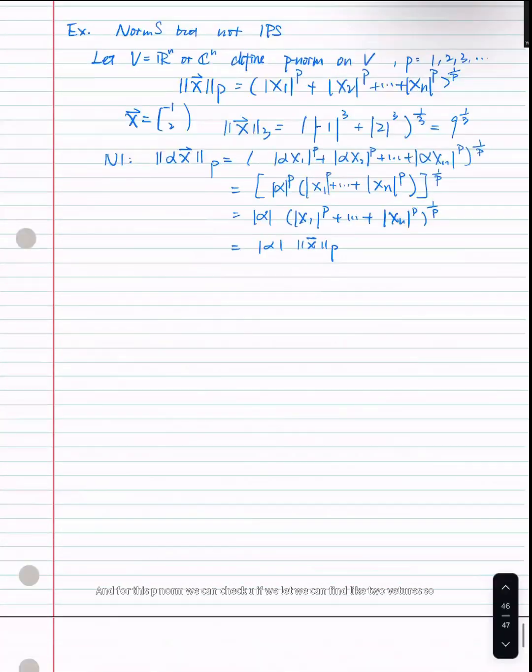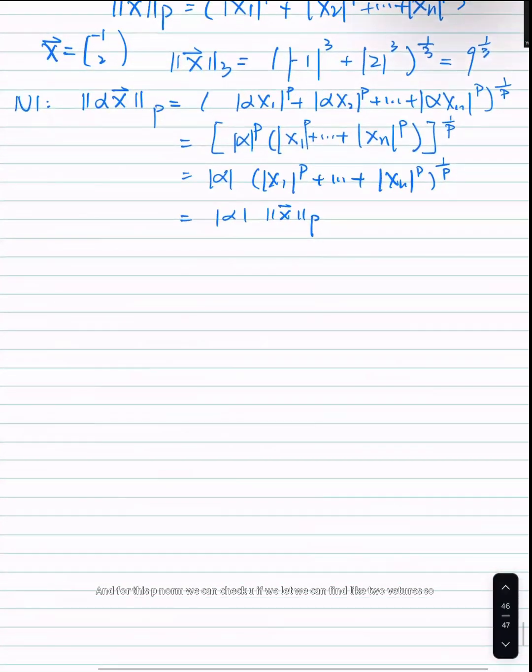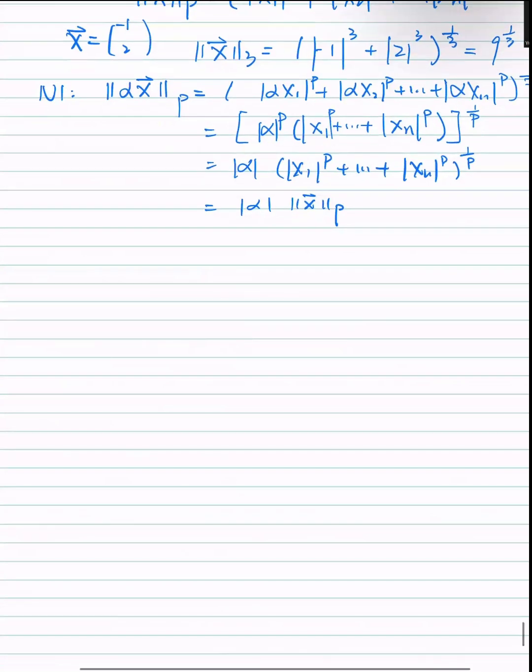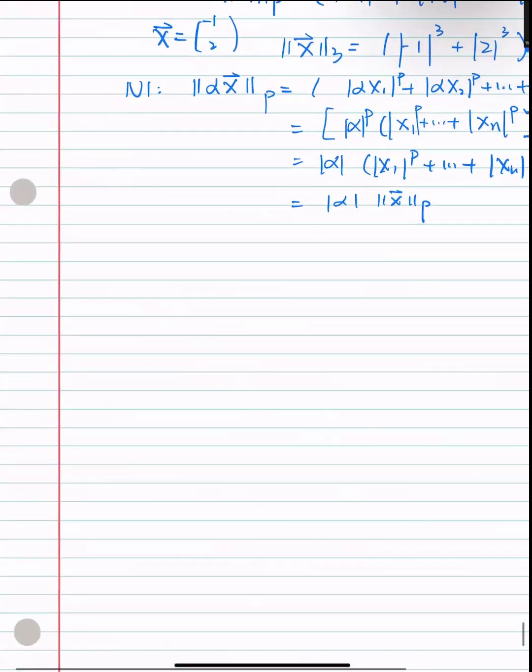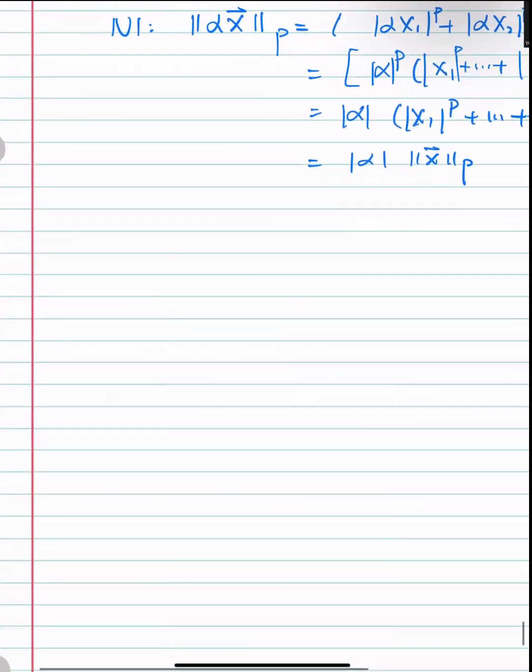And for this p norm, we can check if we can find two vectors to check the parallelogram identity.